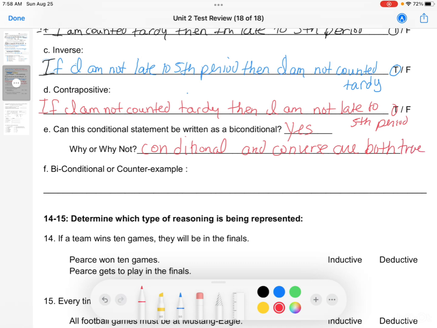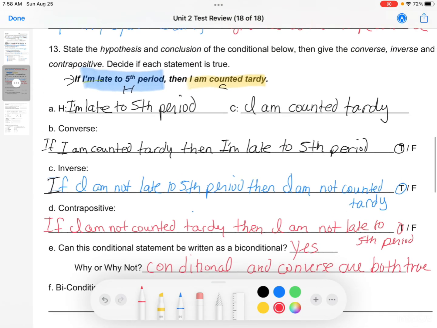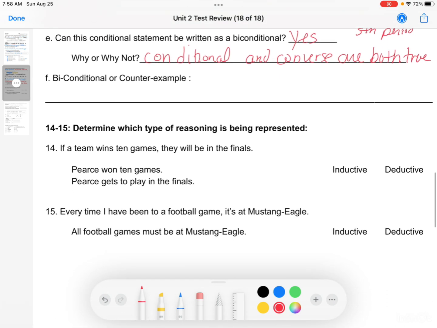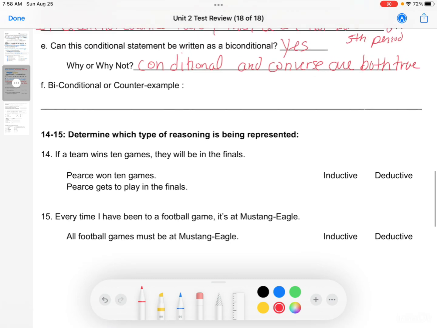Okay, so the biconditional is I go back to the original and then I just drop the if and then and add if and only if. Remember, the original was if I'm late to fifth period, then I am counted tardy. So I'm going to drop the if and then, and I add if and only if.